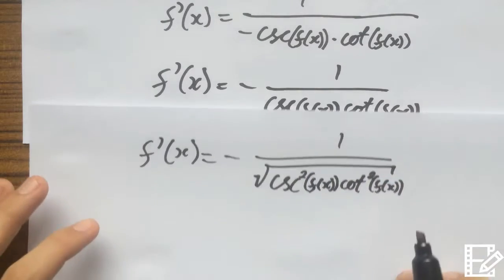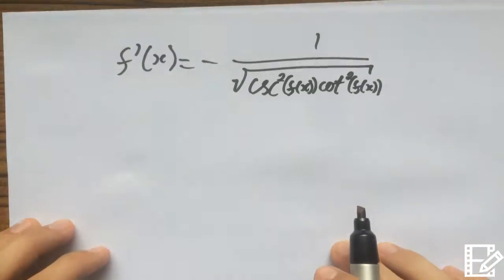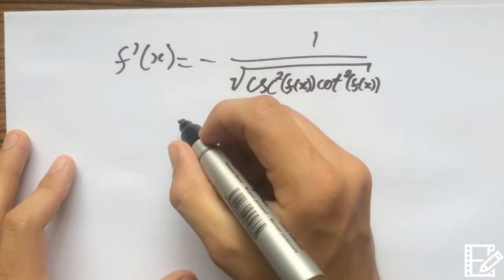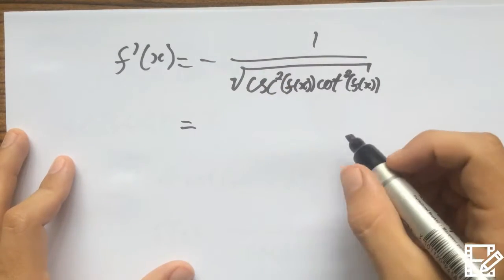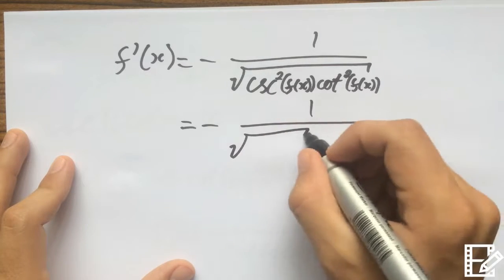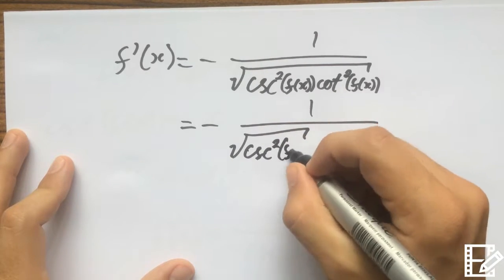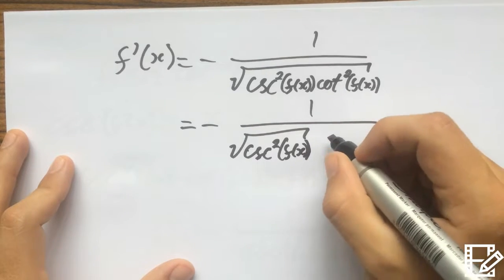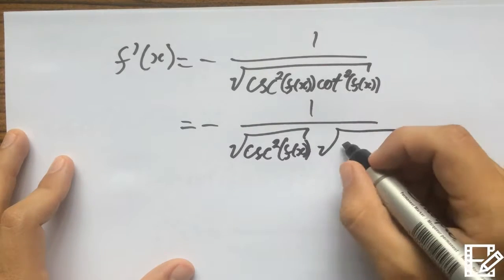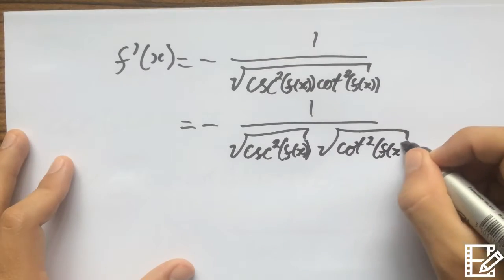I'm just writing it differently. So if you think about it in a way, I'm complicating it in order to simplify it. So what am I going to do now? Well, I'm going to split them up. Cosec squared fx multiplied by square root of cotangent squared fx.